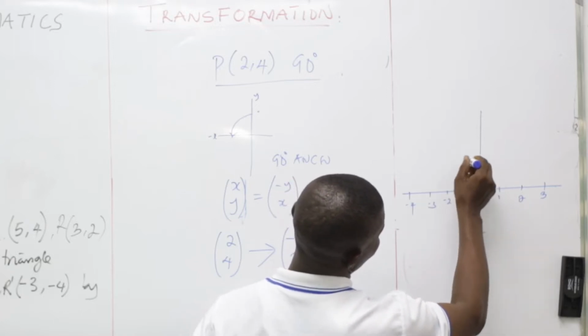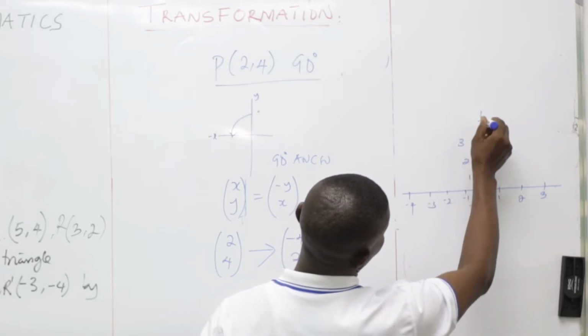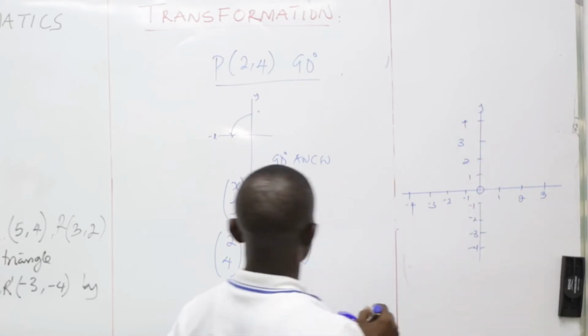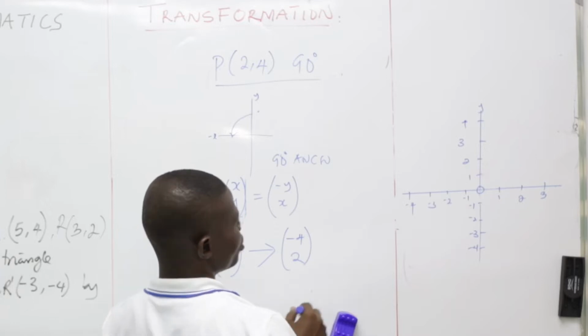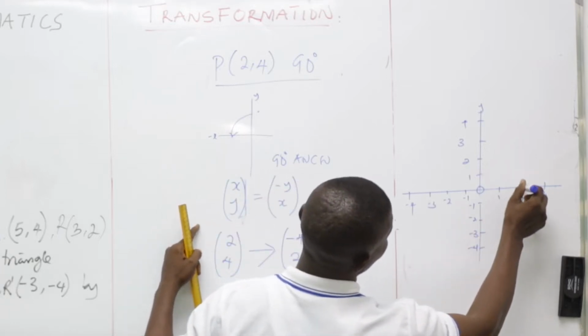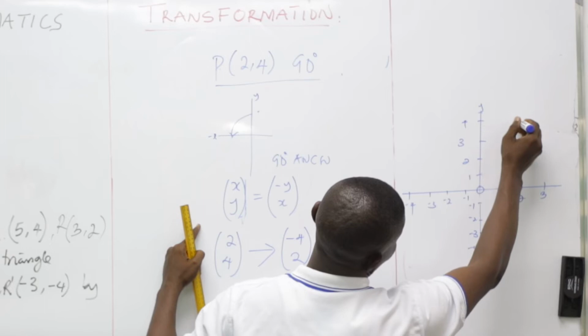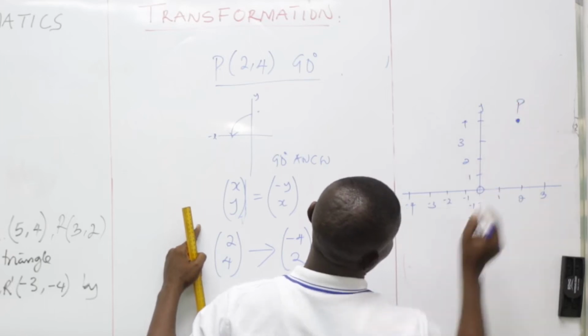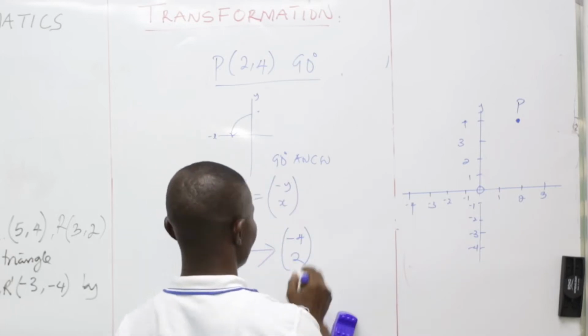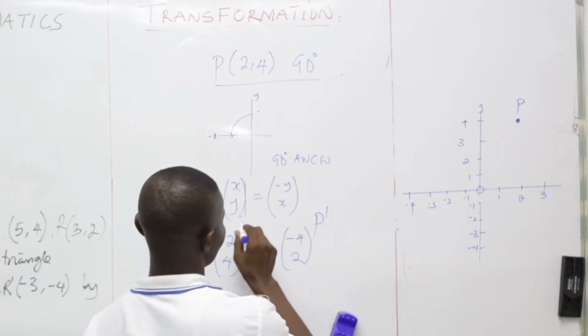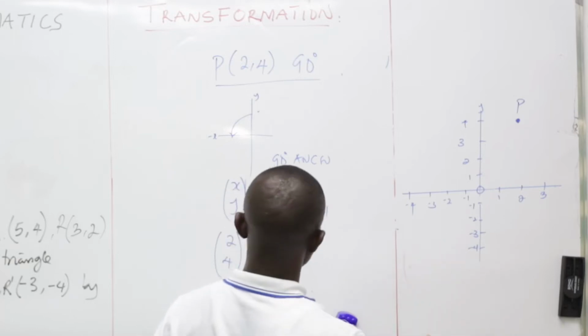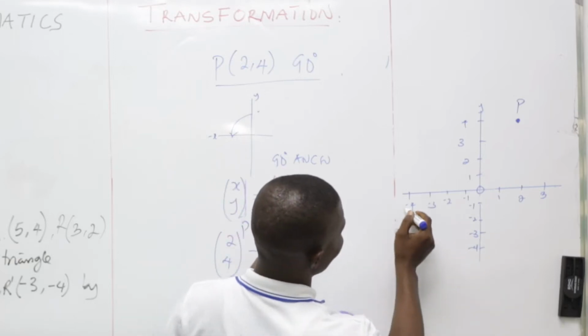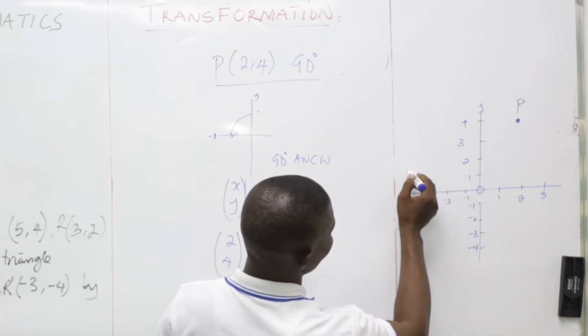This is 1, 2, 3, 4. The object (2, 4). See our object (2, 4). This way. Plot the object P. Now let us plot the image P prime. This is P object. The image P prime is (minus 4, 2). Got it here.